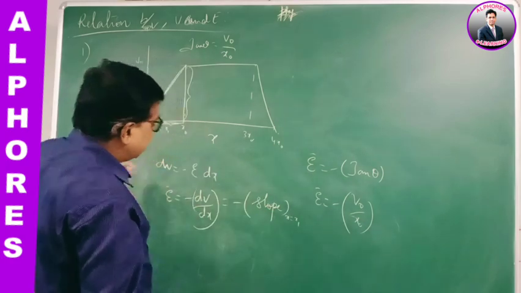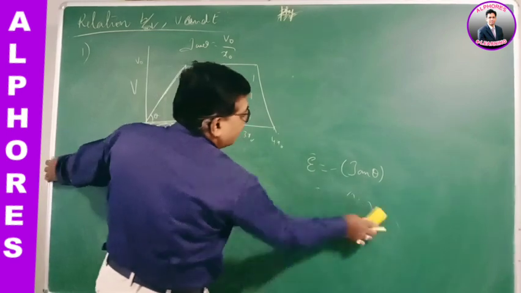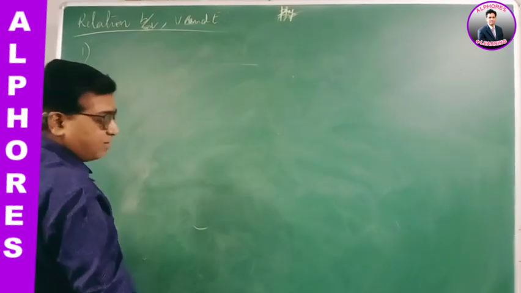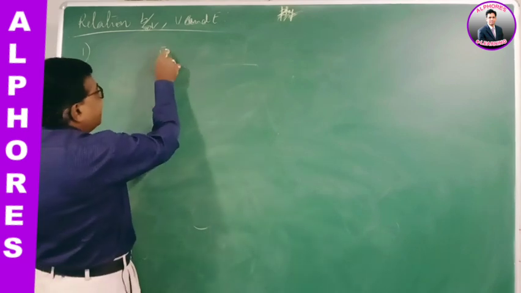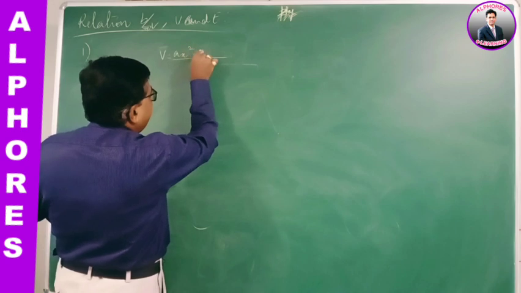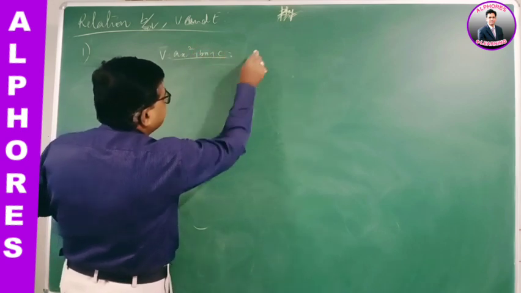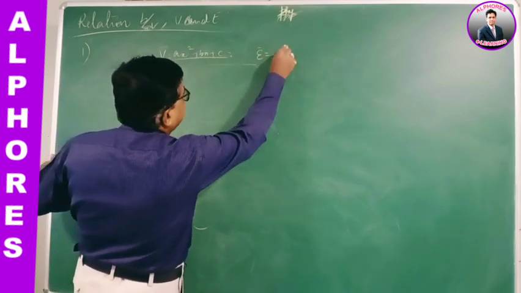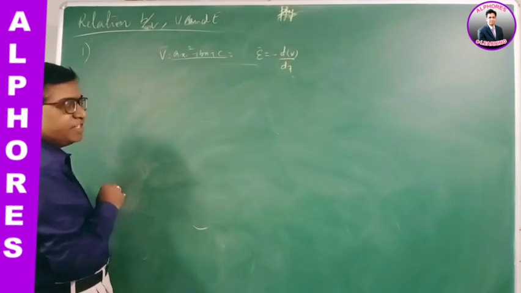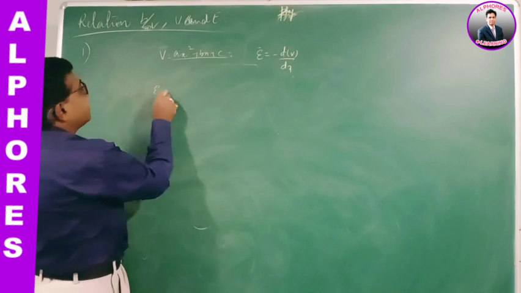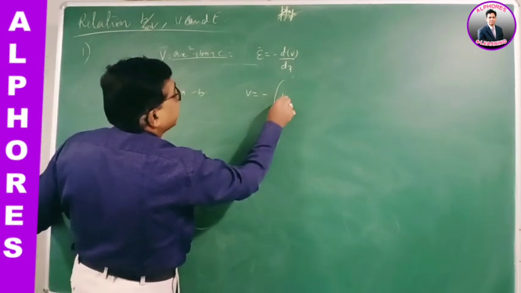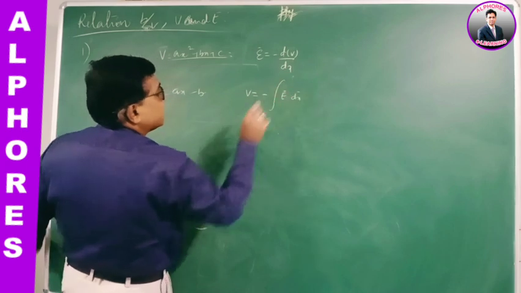I have given you different methods now, how to find the potential when the field is given, or the field when the potential is given. When the equation for potential is given, say ax square plus bx plus c, you have to find the electric field by differentiating V. Suppose E is given as ax minus b, then we find the potential by the integration of E dot dx.